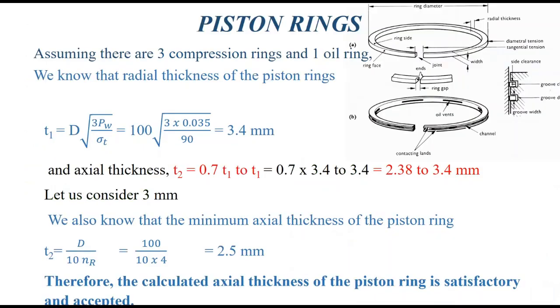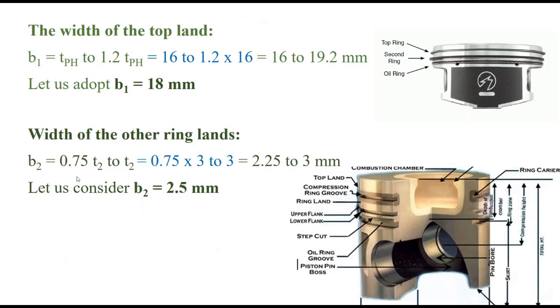T2 we have seen is 3 millimeter. So 0.75 times T2 is 2.25, to T2, 3 millimeter. So between this, we consider 2.5 millimeter. So the distance of the other ring lands is 2.5 millimeter.